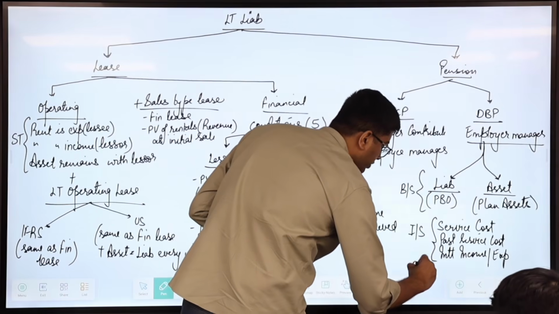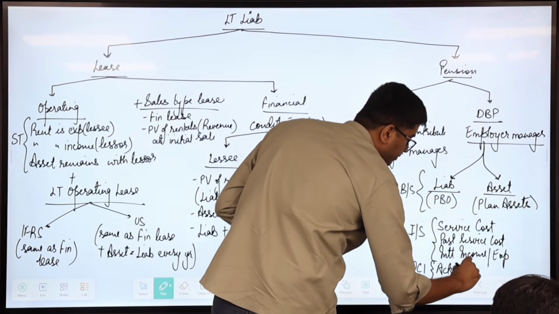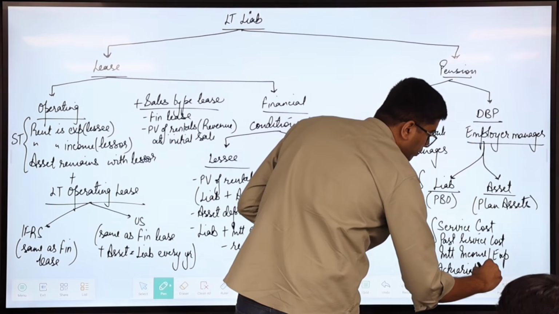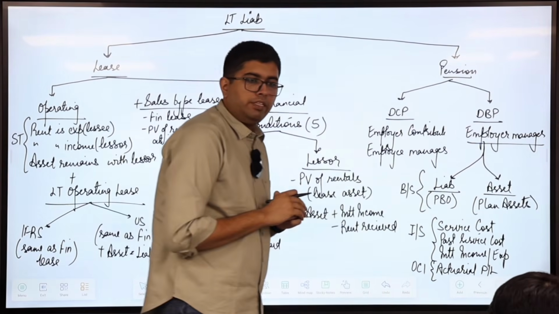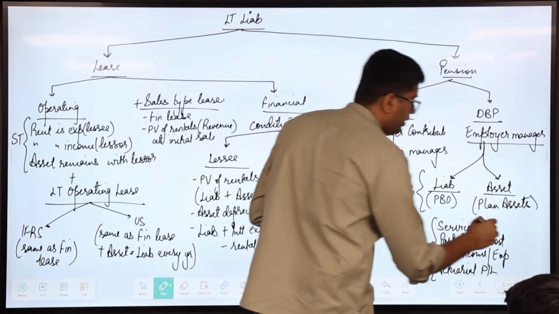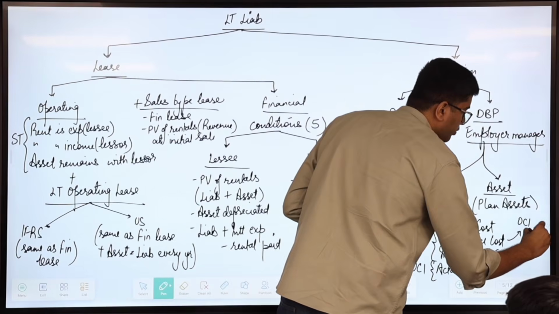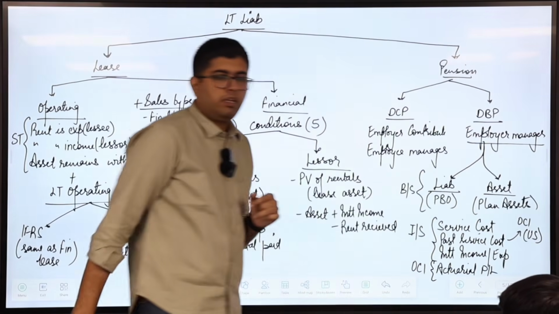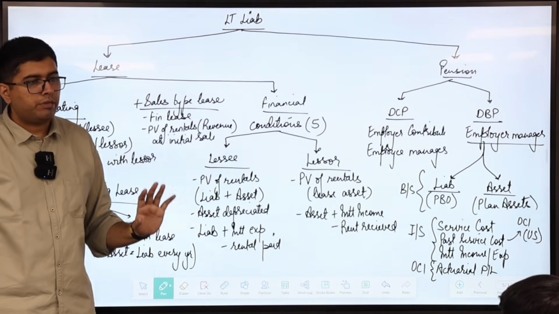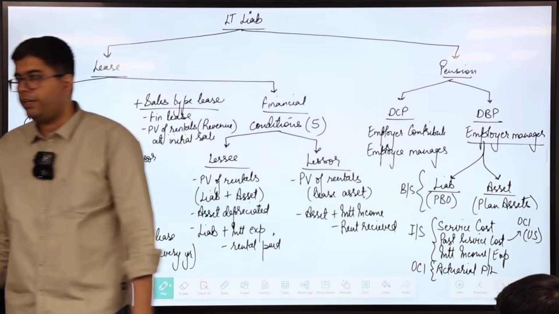And lastly, in OCI, actuarial gains and loss. This is as per IFRS. The only exception in US GAAP is past service cost is in OCI as per US GAAP. In IFRS, this will be reported in income statement. In US GAAP, this also gets reported in OCI.